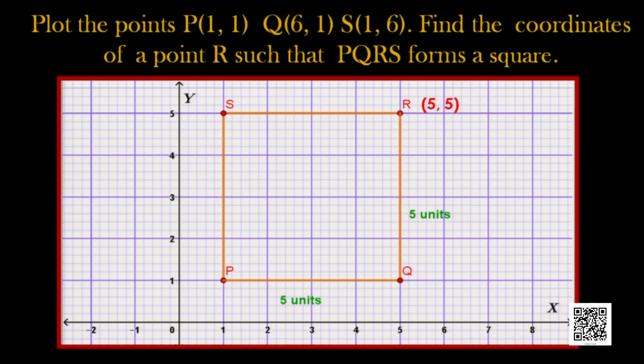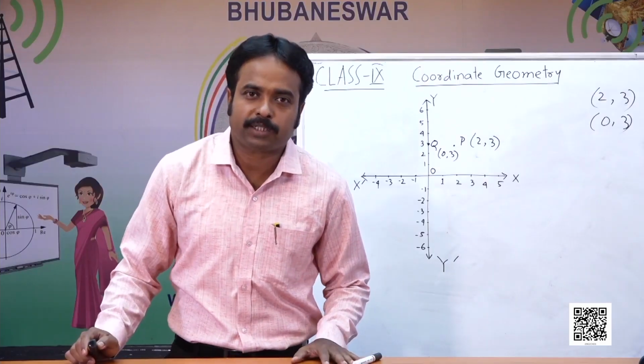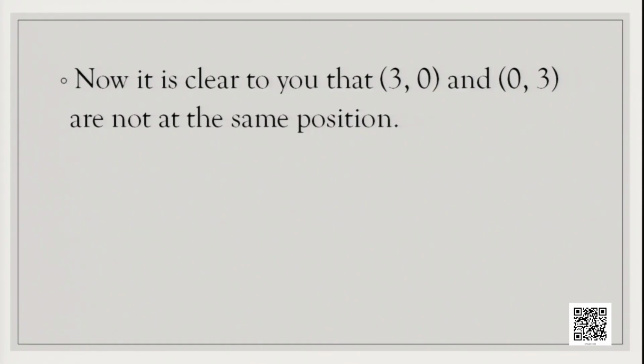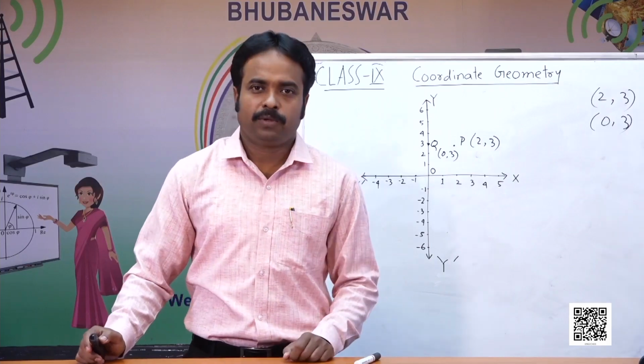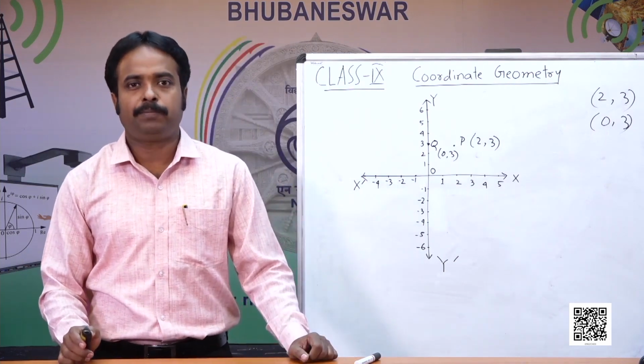And what are the coordinates of the point R? You may easily find out the coordinates of R. The coordinates of R are (5, 5). Now it is clear to you that (3, 0) and (0, 3) are not at the same position.